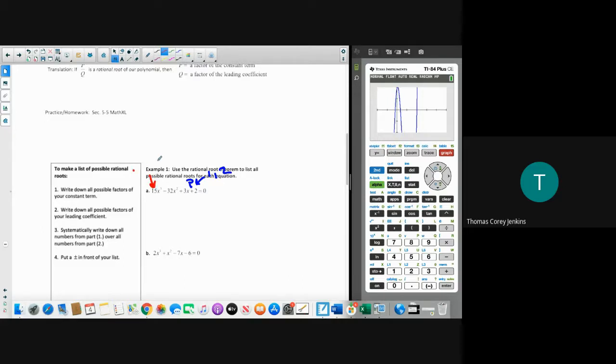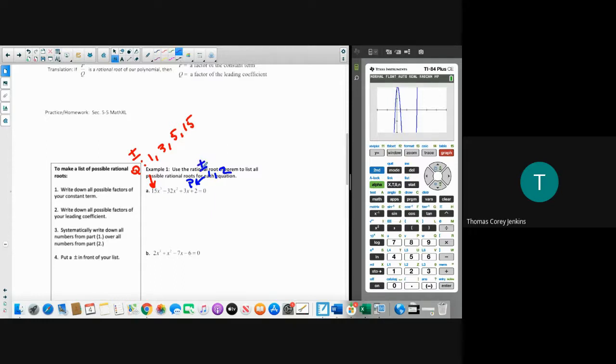So 1 goes into 15, 3 goes into 15, 5 goes into 15, and 15 goes into 15. Then we just do P over Q. And you have to think about the plus or minus, so you put a plus or minus in front of all of them.